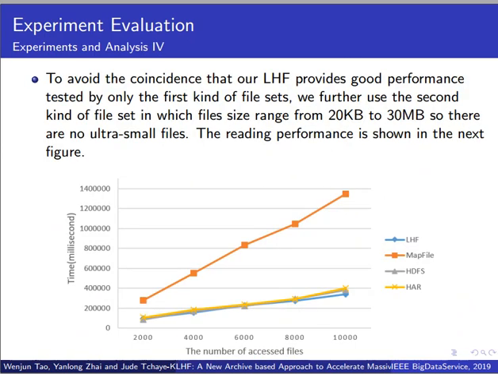To avoid the coincidence that our LHF provides good performance tested only on the first kind of small file sets, we further use the second kind of file set in which file size ranges from 20 KB to 30 MB, so there are no ultra small files. The reading performance is shown in the next figure.